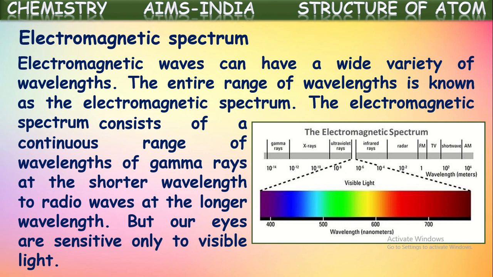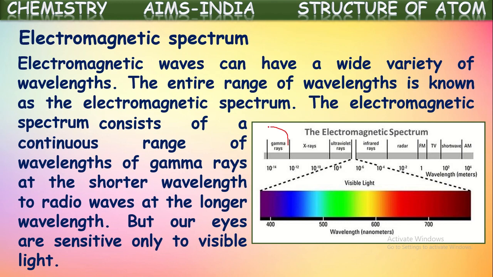But our eyes are sensitive to only visible light. See here, they have shown the electromagnetic spectrum in which the different electromagnetic waves are written in a series, either in decreasing order of frequency or increasing order of wavelength.